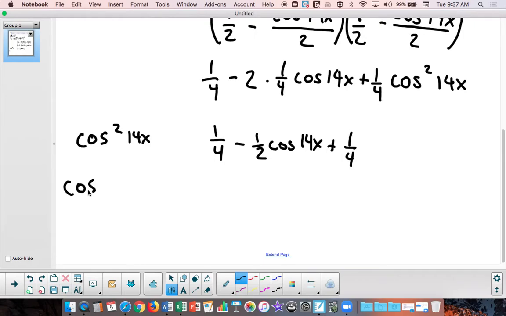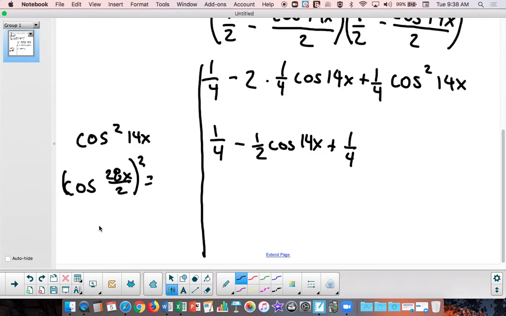So cosine of 28x divided by 2 is the same thing as cosine of 14x. That's being squared. So again, we're going to use the half angle formula for this. I'm going to write it down here.